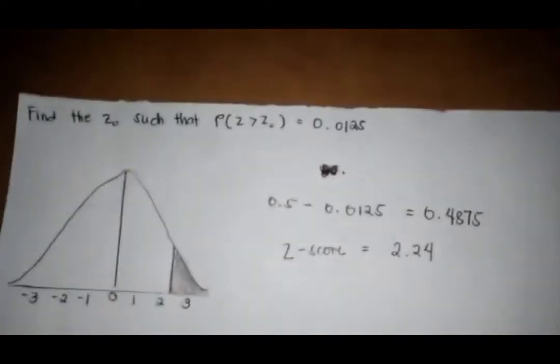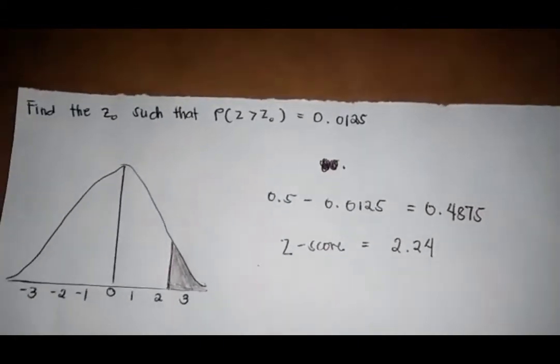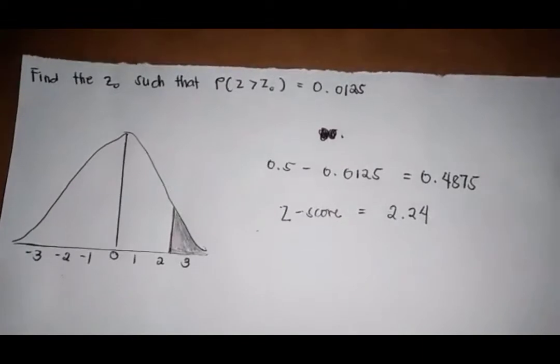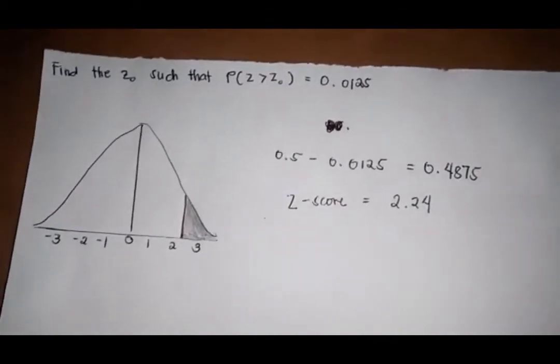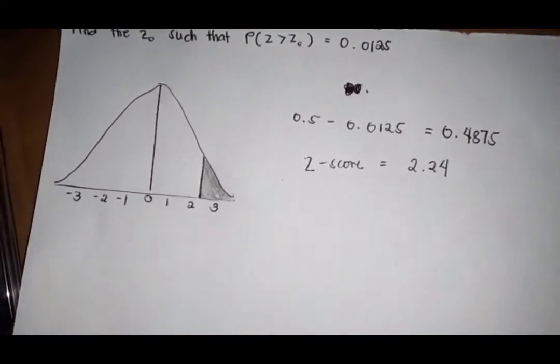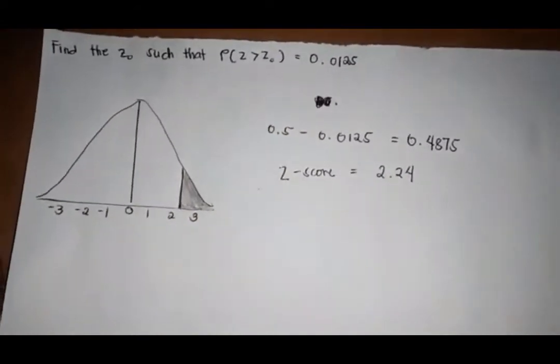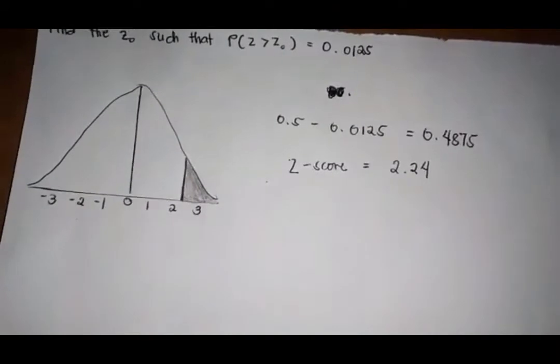We'll proceed to another problem. If the areas are given, what are the values of z? First example: find the z-score such that P(standard normal score is greater than the z-score) equals 0.0125.